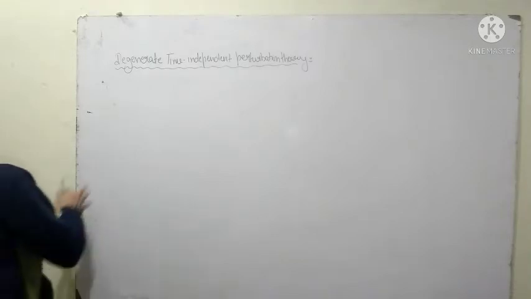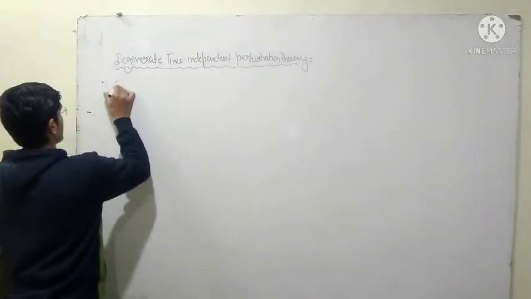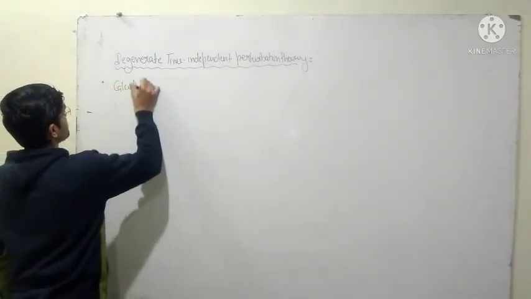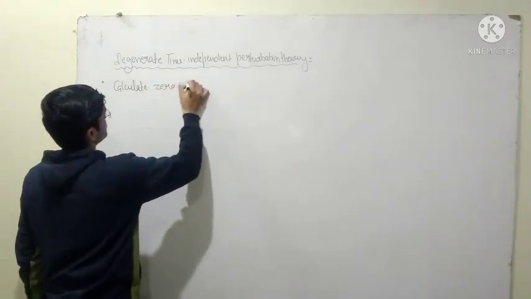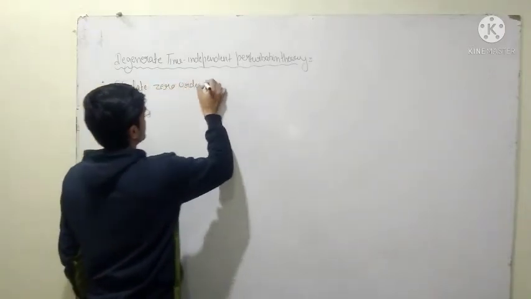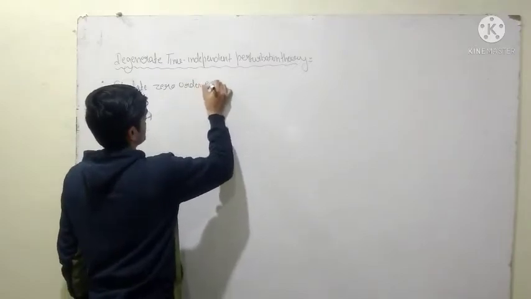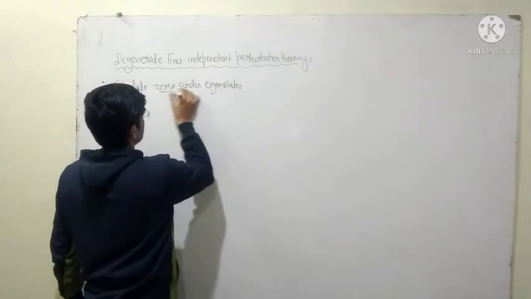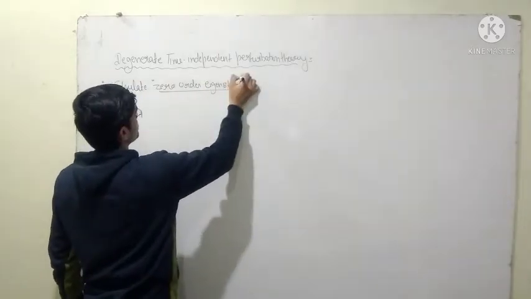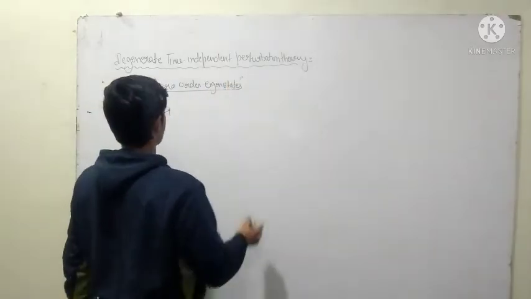So the aim of this derivation is to calculate the zero order state vectors, or eigenstates. I will explain the meaning of zero order eigenstates.